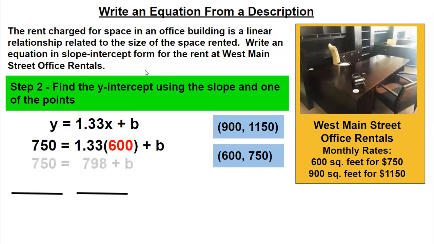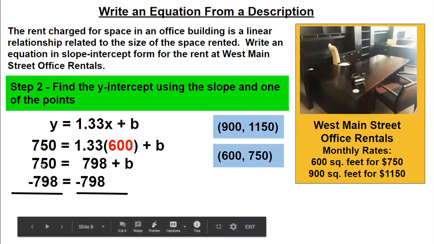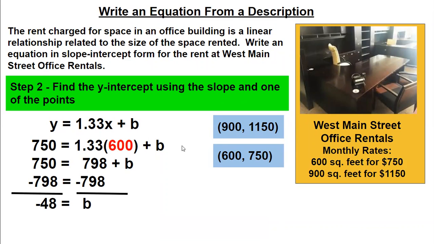1.33 times 600. That'll give me 798 plus my b. 750 is still on that side. To get b by itself, I'm going to subtract 798 from both sides. Notice how when I subtract 798 from 750, I'm going to get a negative answer. That's okay. b is equal to negative 48.